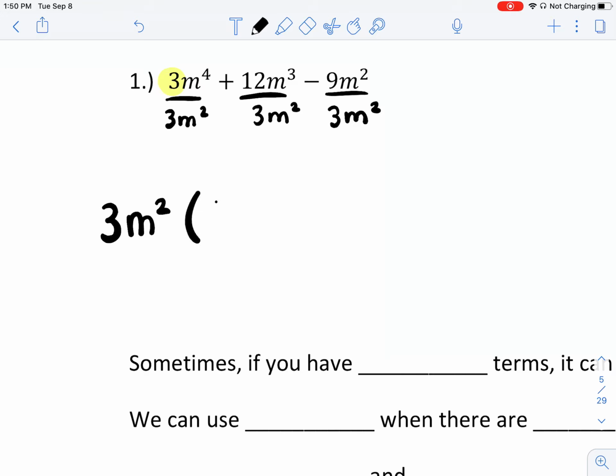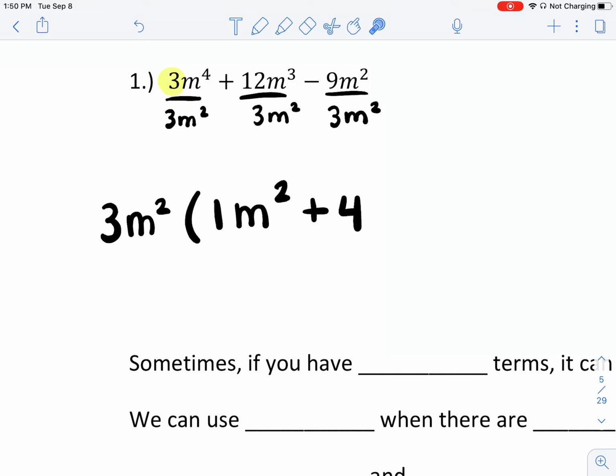So 3 divided by 3 is 1. And then m to the 4th divided by m squared. We subtract our exponents when we divide. So I have m, and then I subtract 4 minus 2. 4 minus 2 is 2. So that's 1m squared. Bring down the plus sign. 12 divided by 3 is 4. And then m to the 3rd divided by m squared.